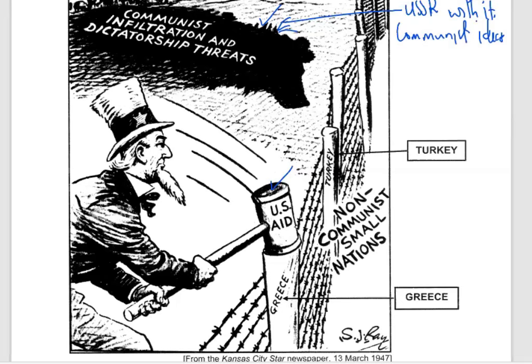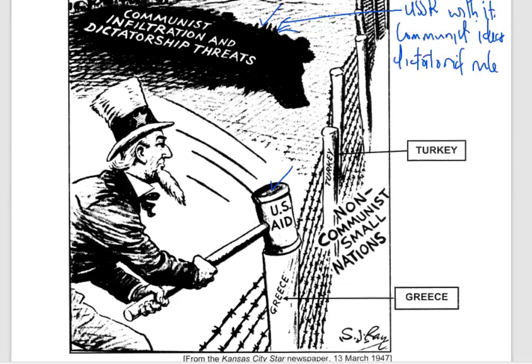So it implies that the wolf is advancing, and this wolf is representing the USSR and its advancement with communist ideologies, which were going to bring in dictatorship rule and fascism. The ideas were going to infiltrate and bring in dictatorial rule wherever it was going.